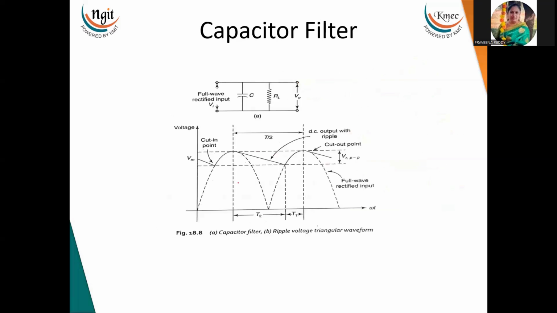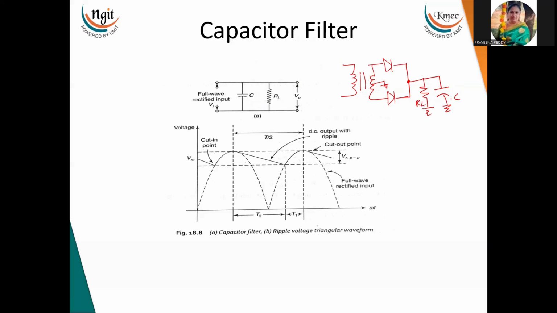First we will see the capacitor filter. This is the full wave rectifier circuit. Two diodes are connected, and the two cathodes are shorted together. The center point is grounded, and from the short to the ground, the resistor RL is connected. To this resistor, one capacitor is connected in parallel. One single capacitor connected in parallel with the load is called the capacitor filter.